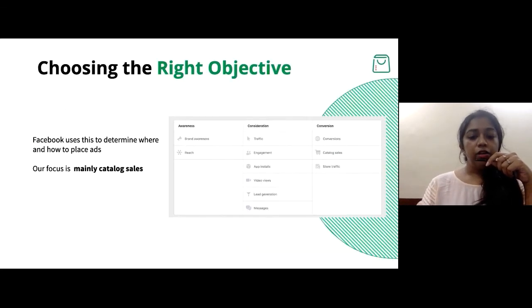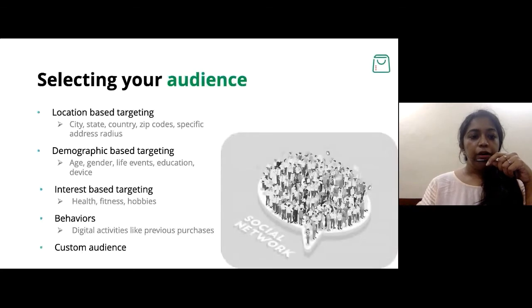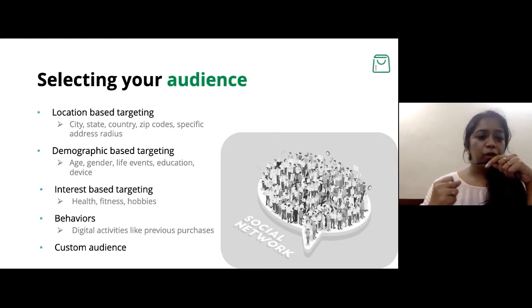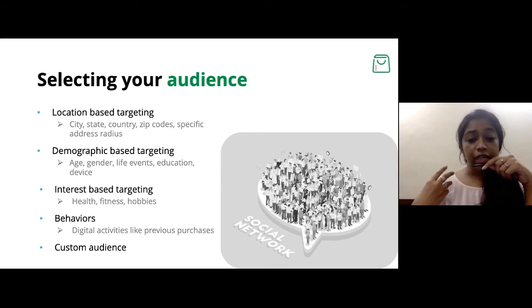So now that we have set this up, we are going to move into the audience. In audience, like I told you how creepy Facebook is, you can target them based on location. So city, state, country, you can even target them based on their zip codes, as well as specific address radius. So you have these hyperlocal deliveries.